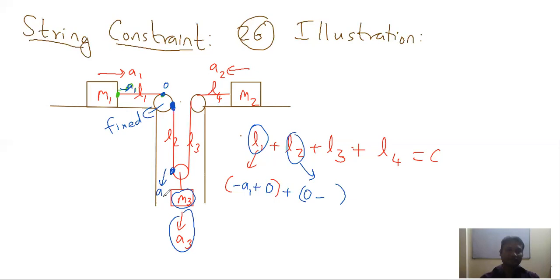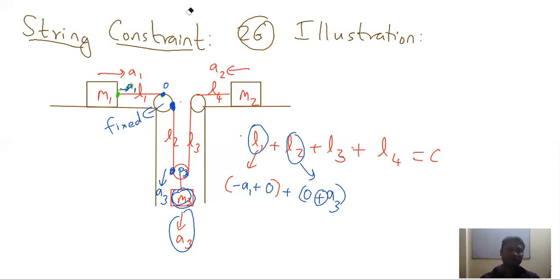So this pulley P3 will move with acceleration A3 in downward direction, leading to increase in length of L2. So we will write plus A3. Why plus? Because we have increase in length of L2 due to motion of A3 in downward direction. I hope this analysis is clear.